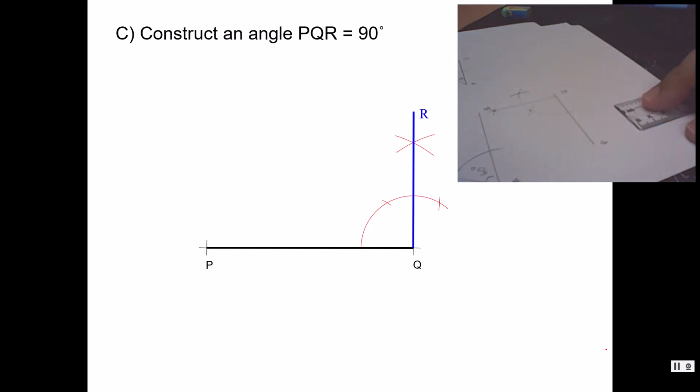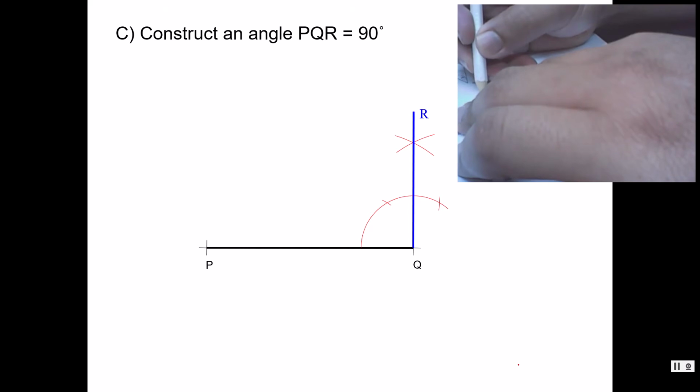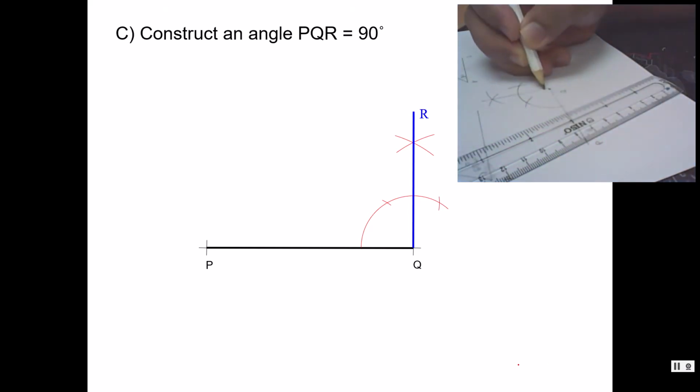Okay, just draw one line here. So that is going to be 90 degree. Actually, after you do a few exercises, by just observing this animation, you'll be able to follow the step by step given in the slide.